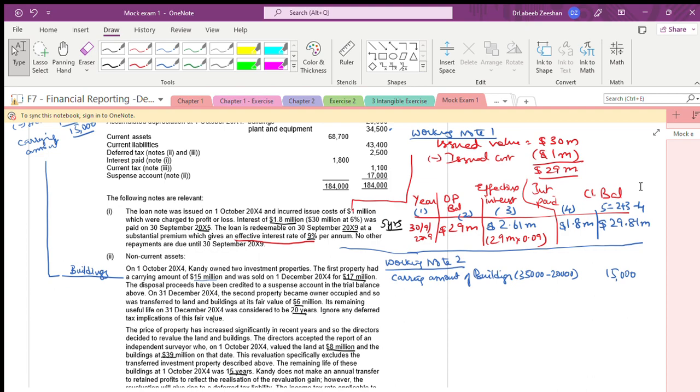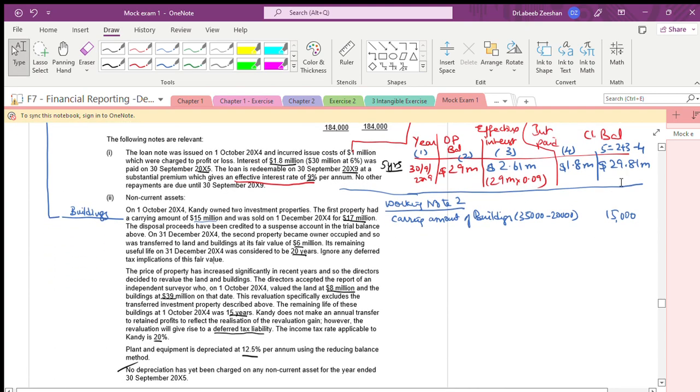Next. They have sold it for 17 million. We'll do that. The second property is transferred at fair value of 6 million, and the remaining useful life is 20 years.